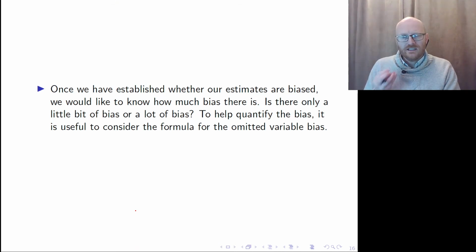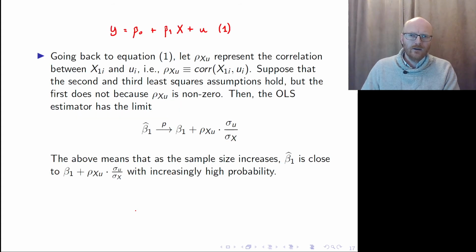So we would like to know how much bias there is, and to help us quantify the bias, we could look at equation 1, and let rho xu represent the definition of the correlation between the x1 variable and the residuals.